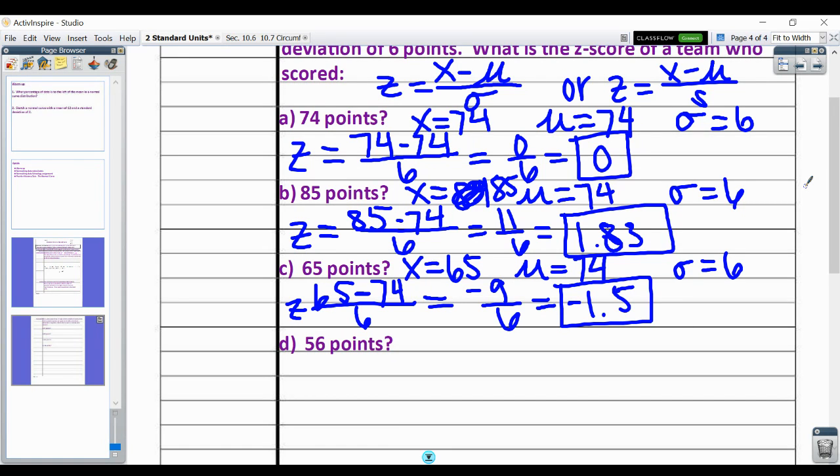Last question, same thing, just substitute it all in. X is our observed data point, so that equals 56. We still have a mean of 74 and a standard deviation of 6. Just plug it in.